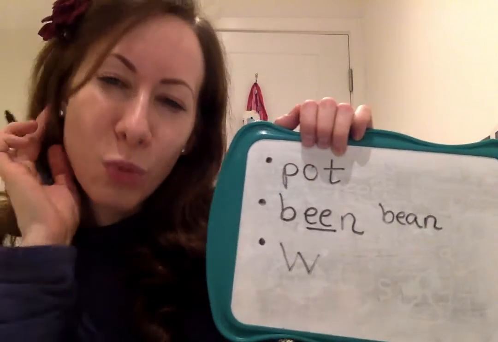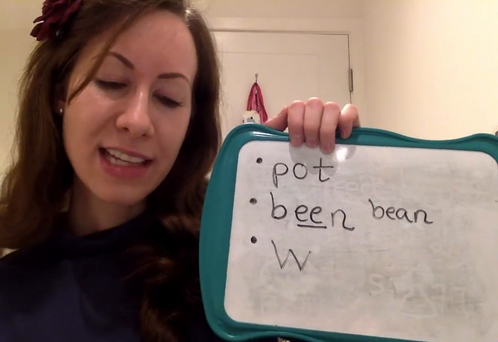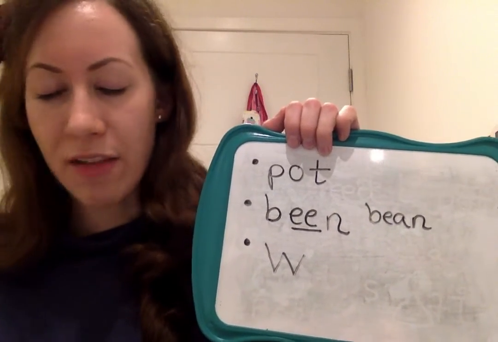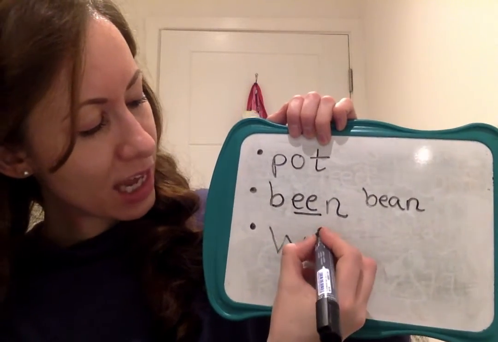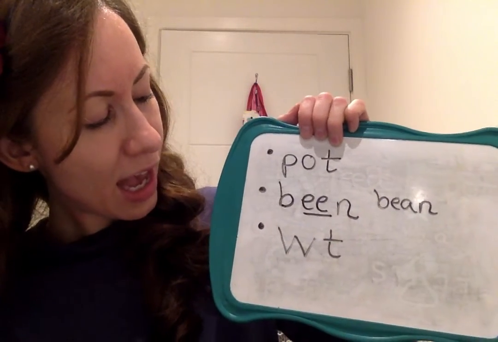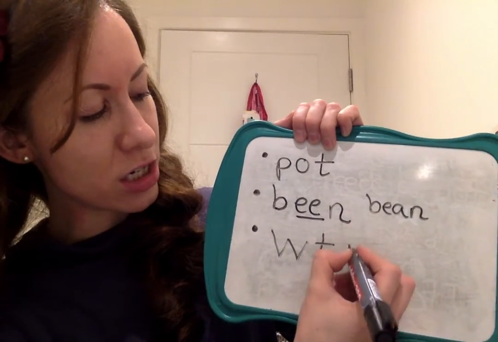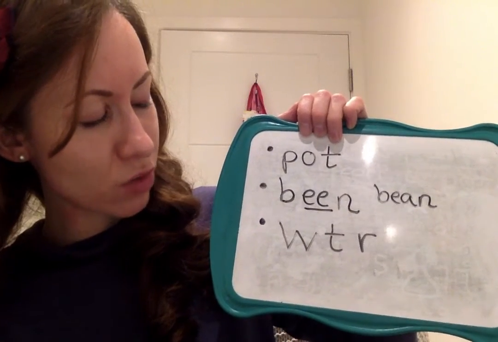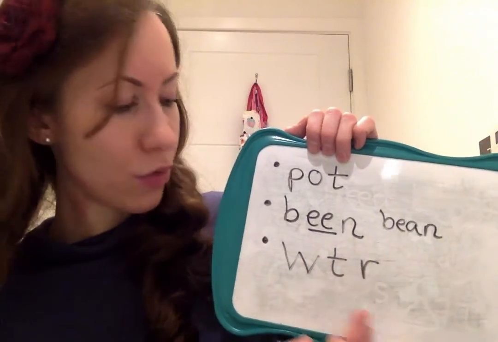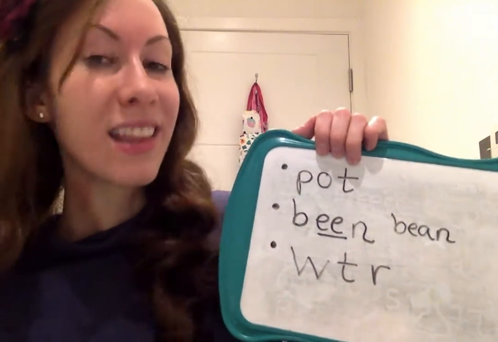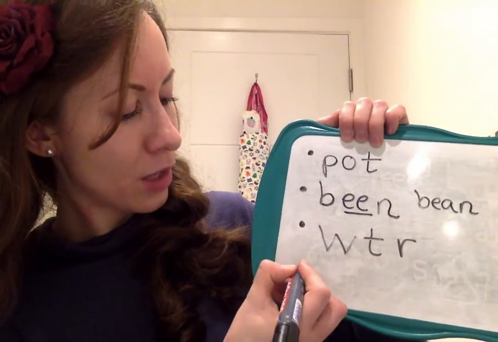Now, water's a tricky one to hear the sound. So see what sounds you can hear in water. Water. Now, I can hear a T, and I might be able to hear an R sort of sound at the end. If you can't hear that sound at the end, that's fine too. If you're just getting those sounds for water, that's absolutely fine.